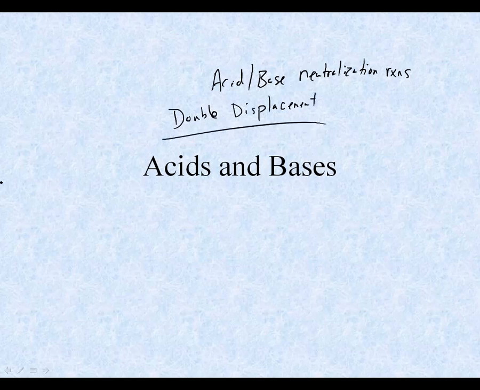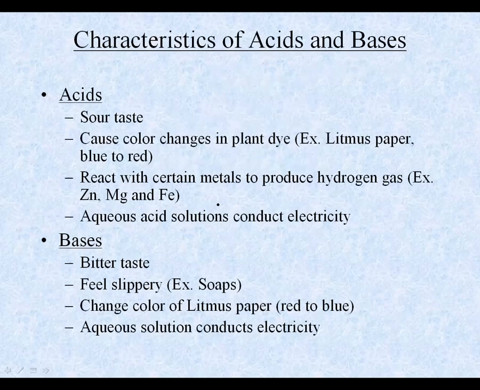Especially when you mix, for example, a strong acid and strong base together, it usually will be a double displacement reaction that's taking place. The difference between these reactions and the precipitation reactions is that with an acid-base reaction, we typically don't get a solid formed. We oftentimes will make water as a product.